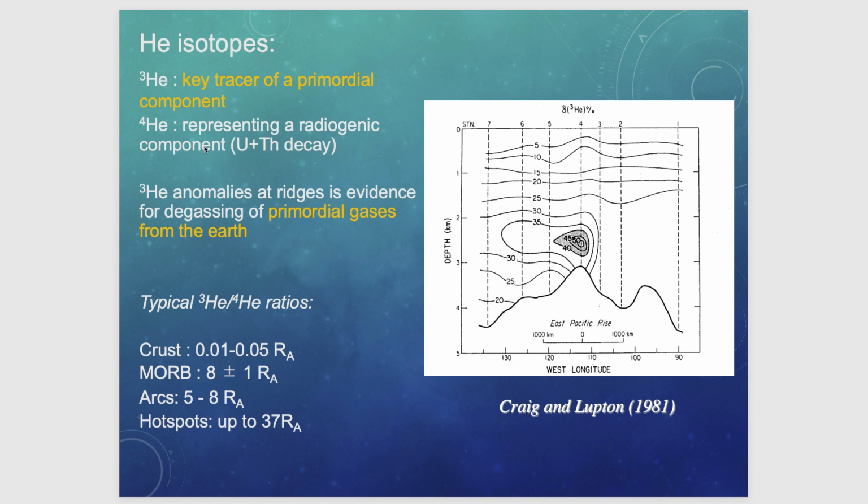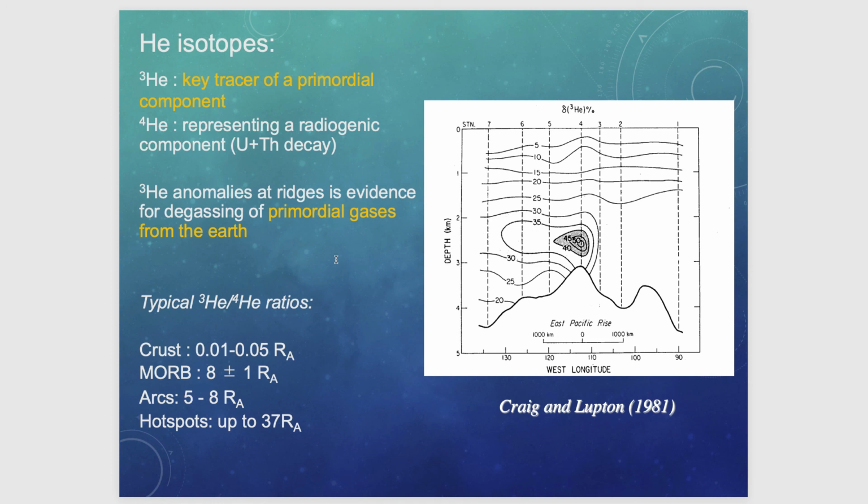But in this case, we are using just the radiogenic component, and of course, if you have a lot of this primordial helium, it's more likely sourced from deep in the mantle. So the helium anomalies at ridges are evidence of degassing that comes from deeper parts of the mantle.